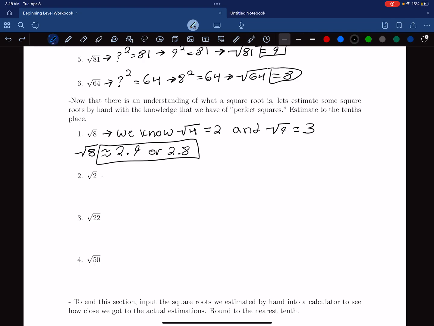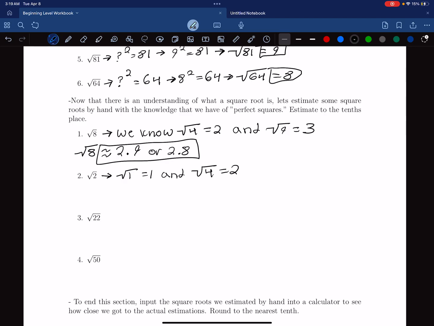So assuming you have thought this through, let's work through example 2. So we have the square root of 2. We know that the square root of 1 equals 1, and we also know the square root of 4 equals 2.